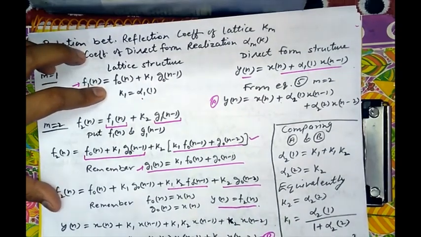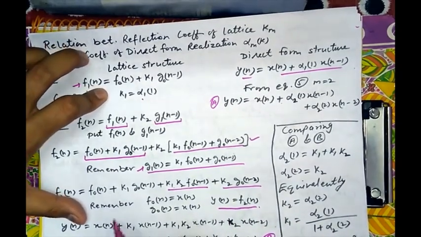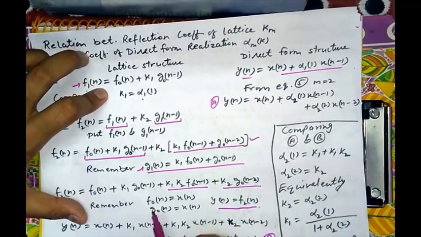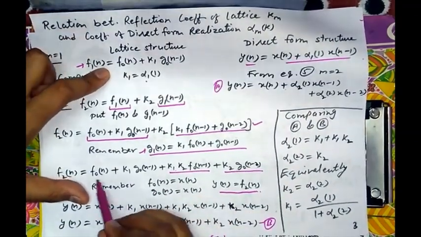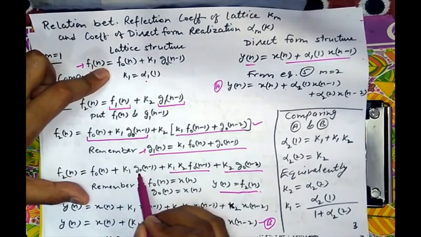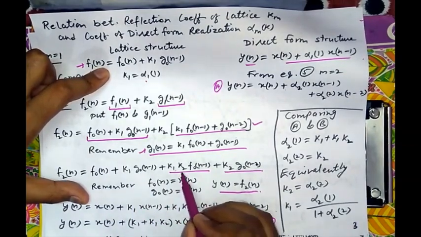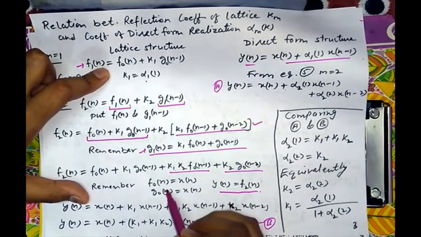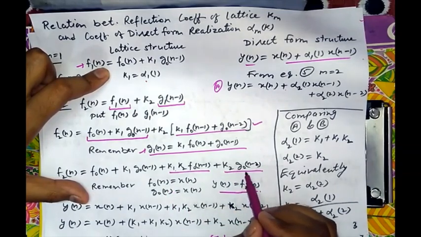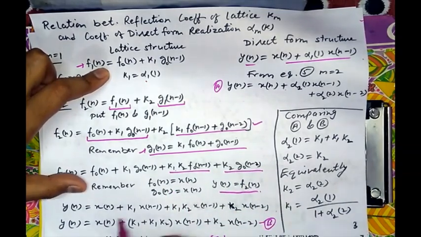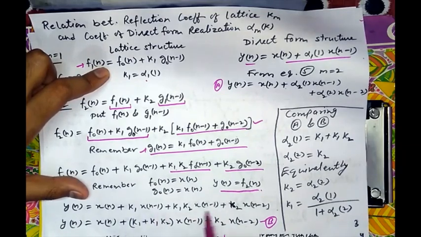Now put these values so that we can compare these equations. x(n) plus k1 x(n-1), k1 k2 x(n-1) because both are the same, and k2 x(n-2). Now taking x(n-1) common, we have x(n) plus (k1 plus k1 k2) x(n-1) plus k2 x(n-2).